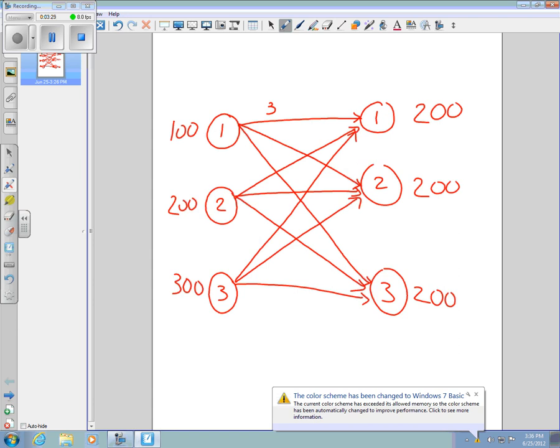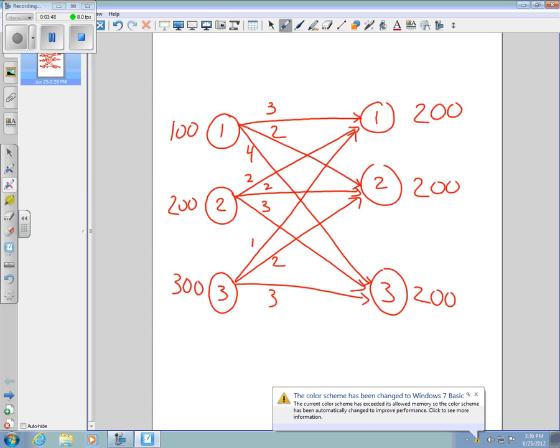How much money would it cost us to ship 3 units from Oklahoma City to Tulsa? Guess what? $3. So we just keep it that simple. And then we'll have costs associated with each of these. 2, 2, 3. So I'm kind of making up a problem to solve as we go here.